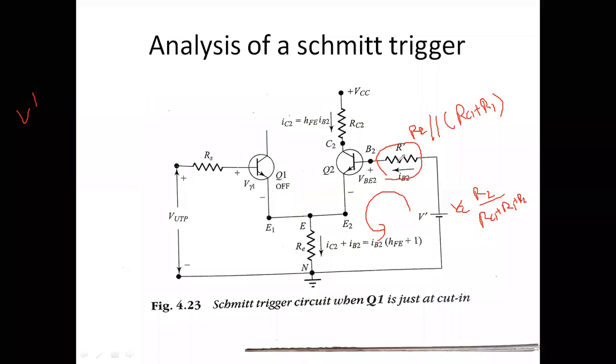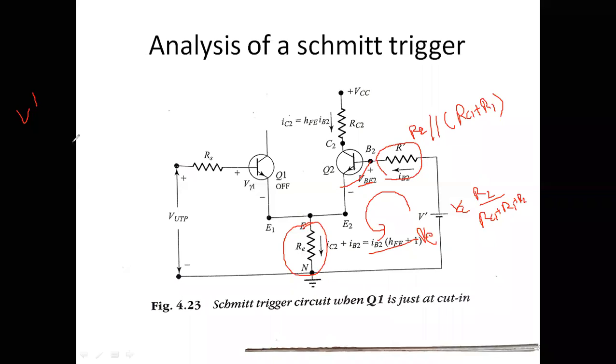Here the voltage is VBE2. Then the voltage across this branch is this current into RE. Therefore, V dash is V1 plus V2 plus V3. In total we have three voltages, a simple KVL in this loop.